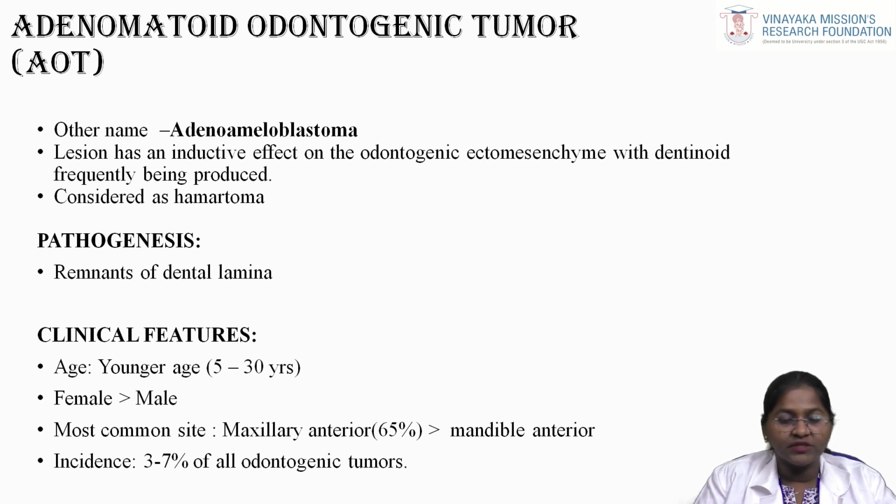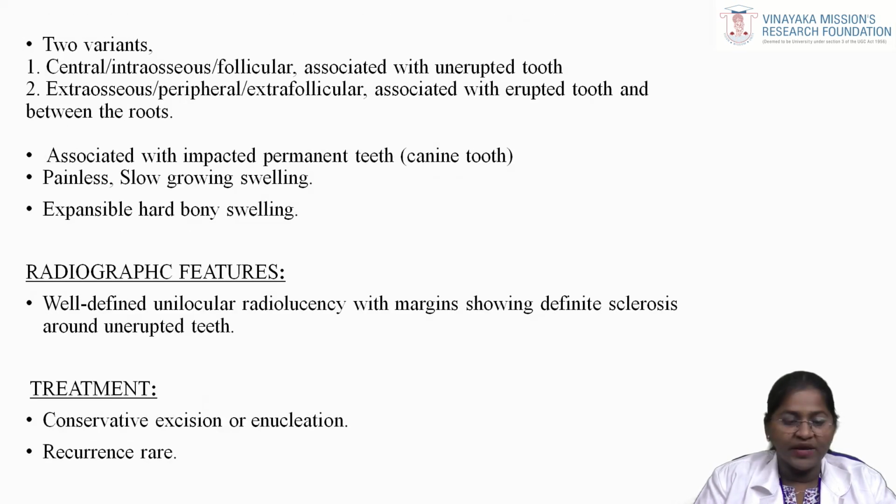So 3 to 7% of odontogenic tumors are adenomatoid odontogenic tumors. There are two variants: intraosseous or central type, and extraosseous or peripheral type. The intraosseous type is associated with an unerupted tooth, and the extraosseous type is associated with an erupted tooth, between the two roots. It is associated with impacted permanent teeth, mostly canine teeth. It is a painless, slow growing swelling, and an expansile bony hard swelling will be there.